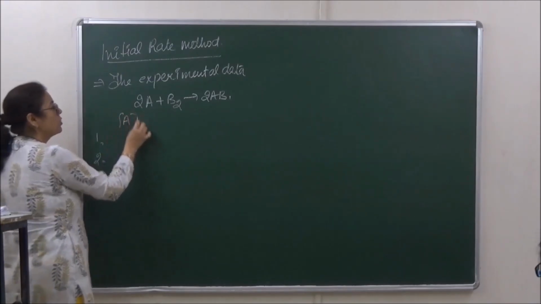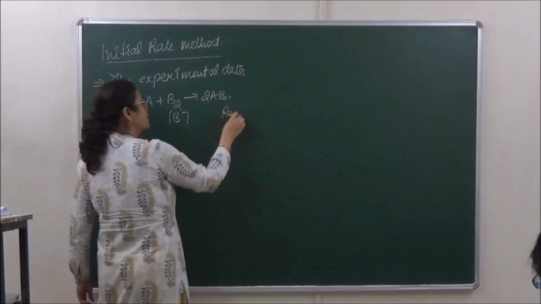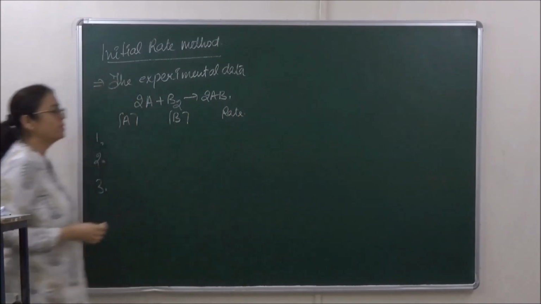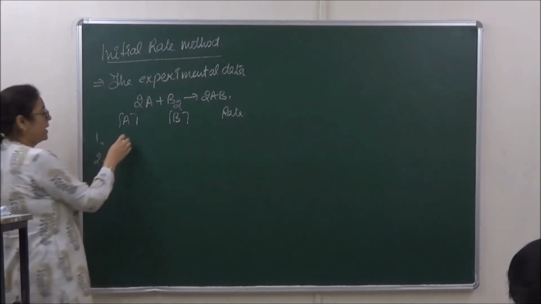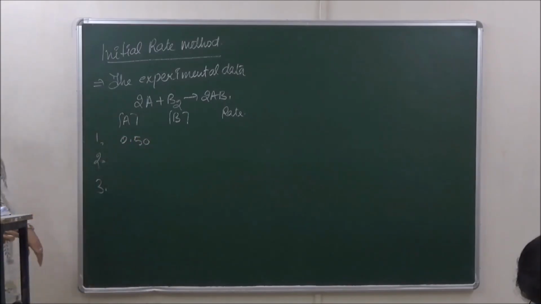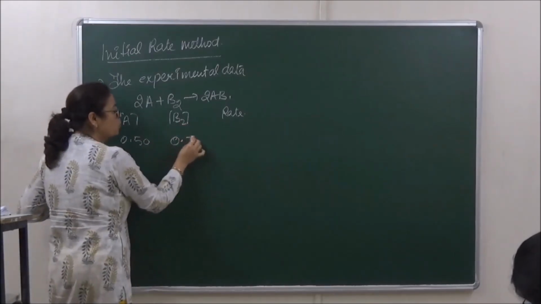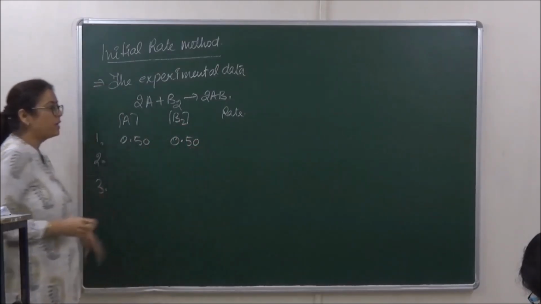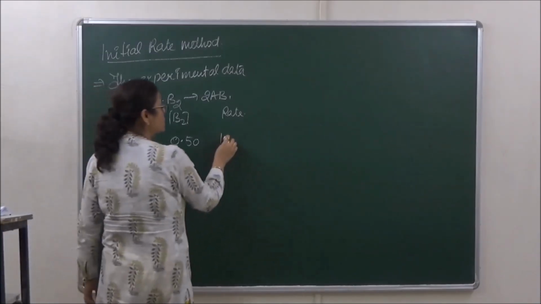This is the concentration of A, this is the concentration of B, and with that we calculate the rate. When the concentration of A is 0.50 and the concentration of B is also 0.50, the rate of the reaction is 1.6 into 10 raised to power minus 4.